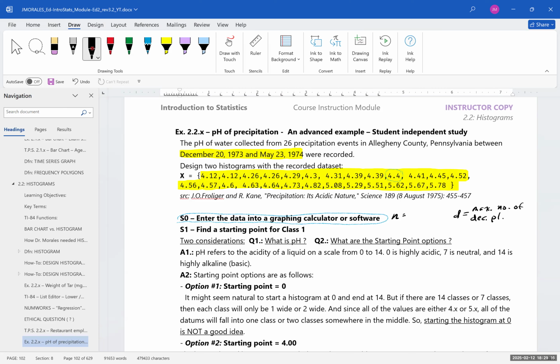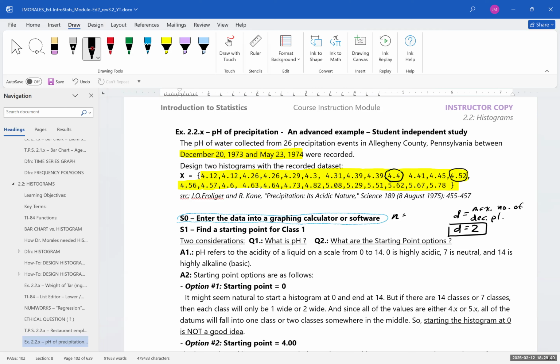Well, we have some datums that have one decimal place and all the others have two, right? So our value of D for the maximum number of decimal places in our data set is going to be two. And that's going to come into play later, when we calculate the width of the classes in our histograms.